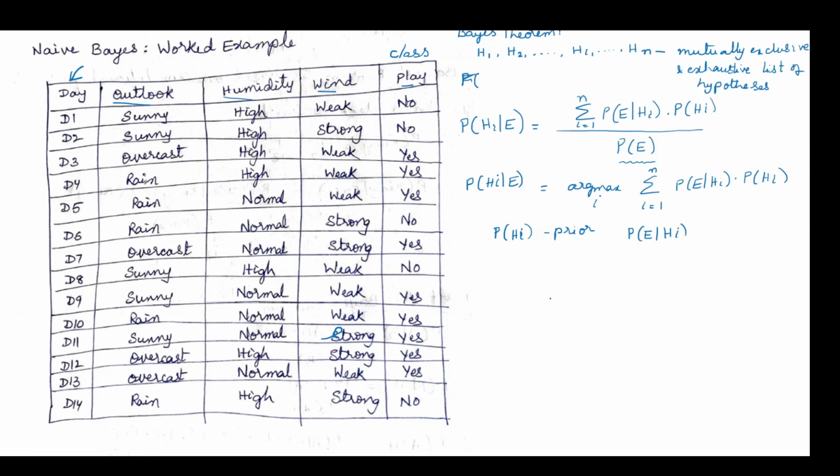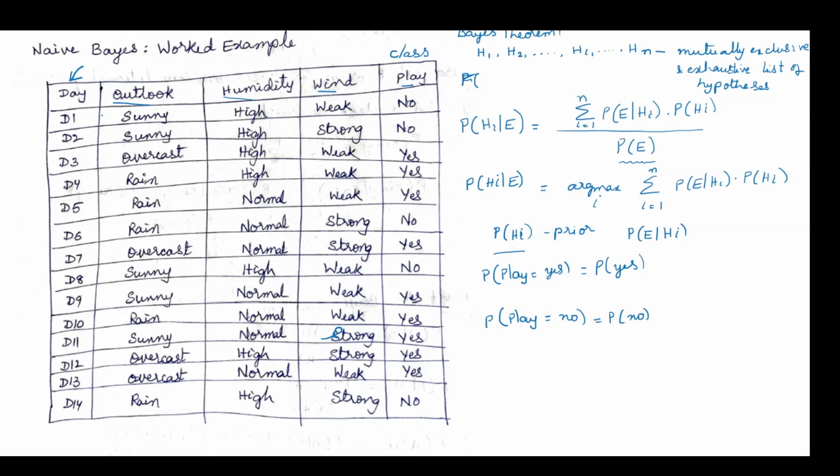So these frequencies together as a bunch form the naive Bayes classification model. Now the prior probabilities are probability for play equal to yes, probability for play equal to no. For the sake of simplicity, I am just going to write it as P of yes and P of no.